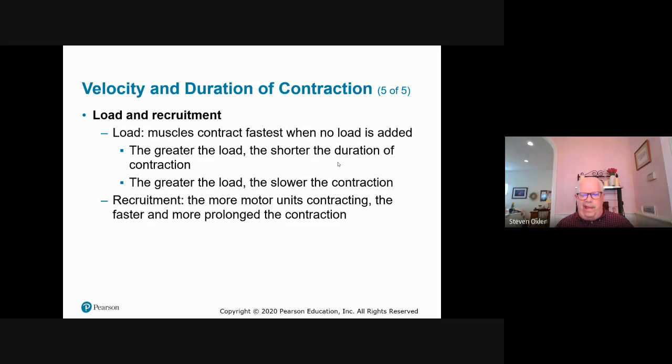Recruitment means that you add motor units, and a motor unit is a neuron and a muscle fiber. The more motor units are contracting, the faster and more prolonged the contraction. So that's load and that is recruitment.